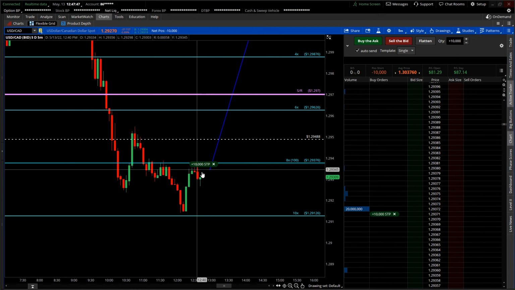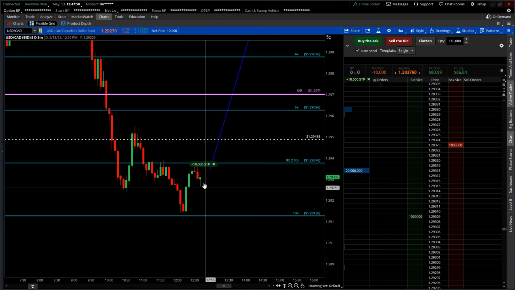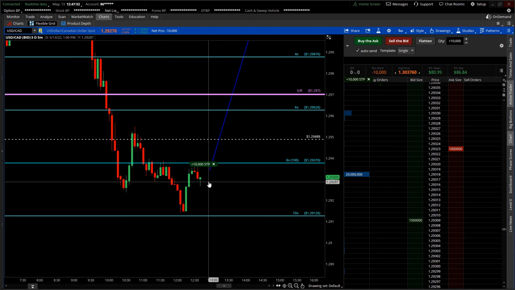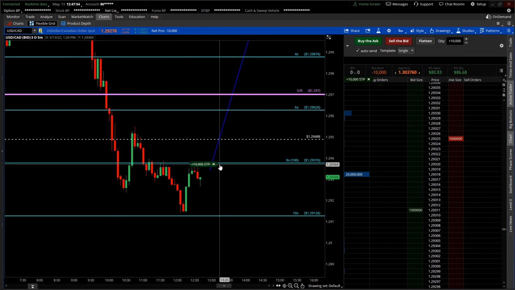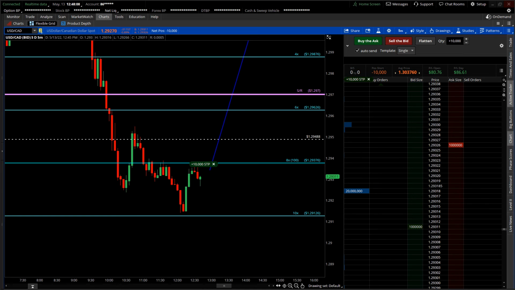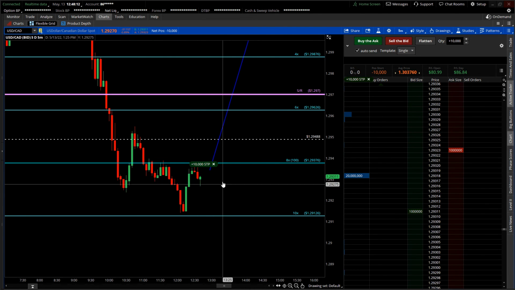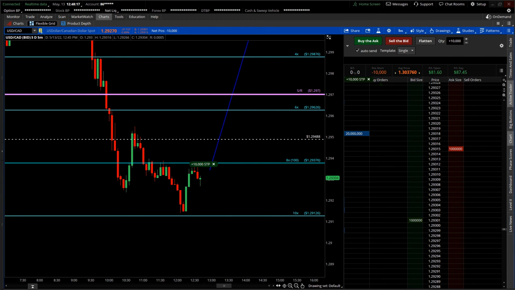So there's my stop. If price continues coming down, then I'll walk my stop behind it. Otherwise, I'm just going to leave it here and protect the 8x. So as this does its thing, I'm going to go ahead and pause it, and I'll pick it up in a little bit.